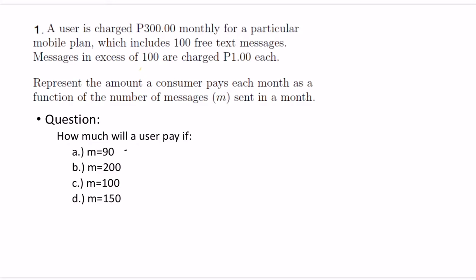So let's say we have this. Let's use C of M, so the cost of this number of messages. So the first condition is the user will pay 300 for the first 100 free text messages.